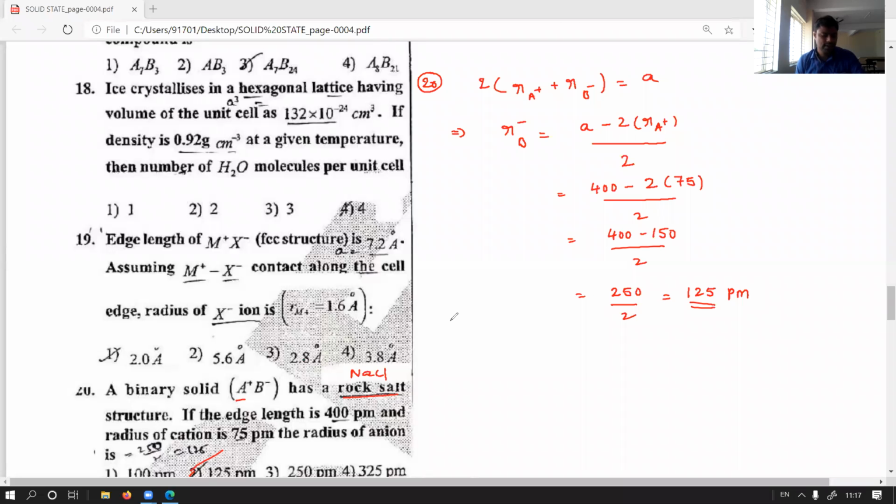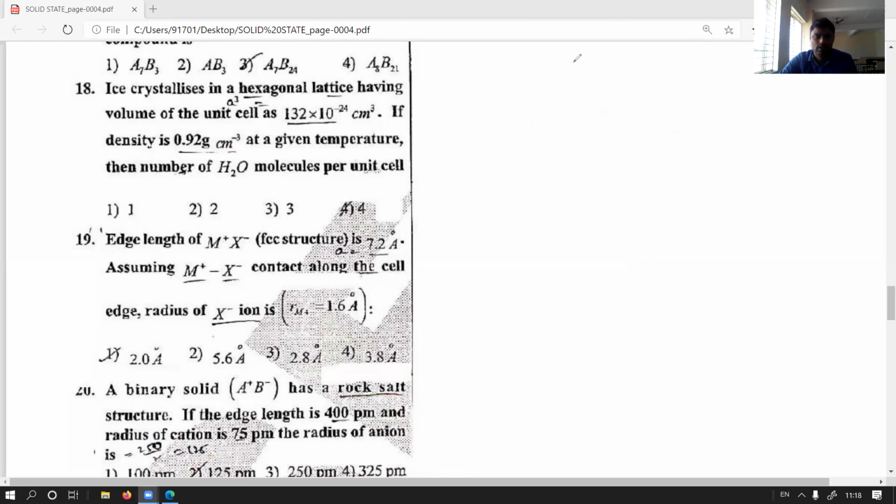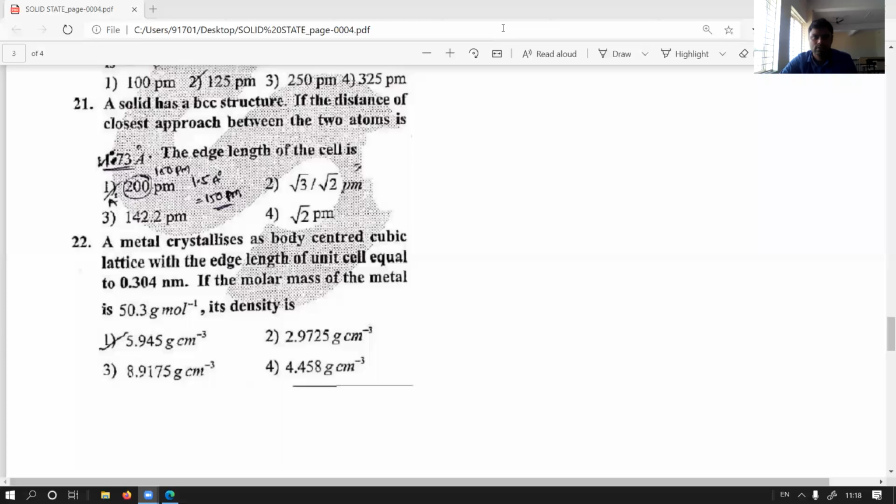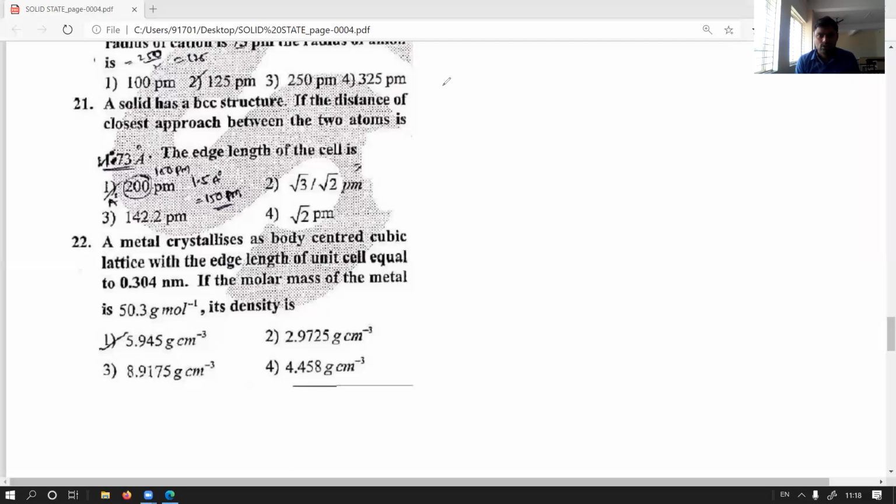Okay, students, let's see the 21st question, the next question. So 19th question and 20th question, same models and same concept. Okay, 21. The 21st question, read the question.